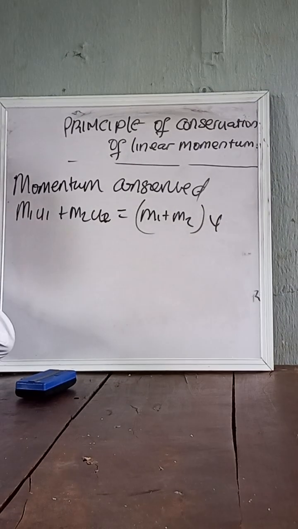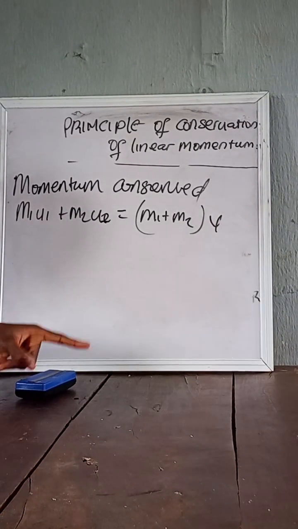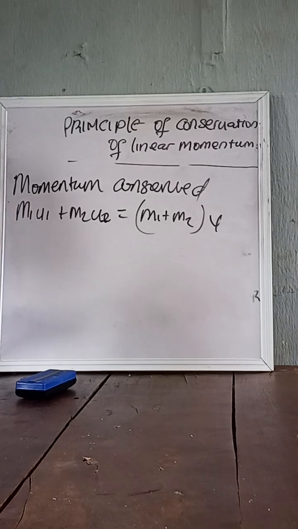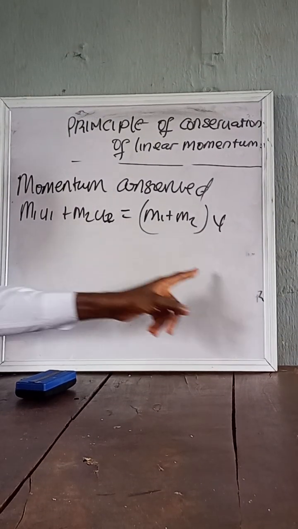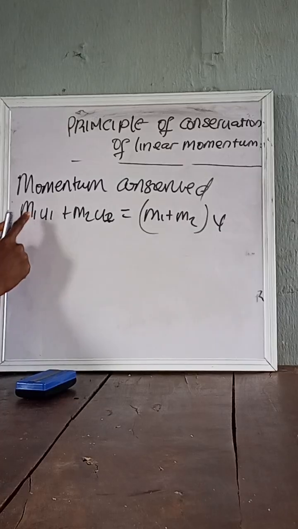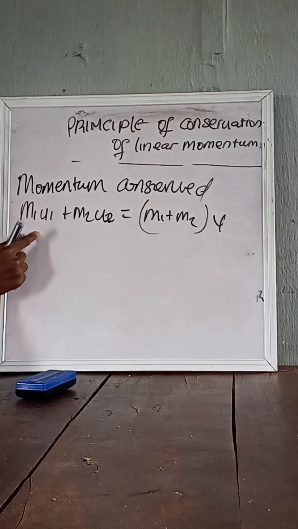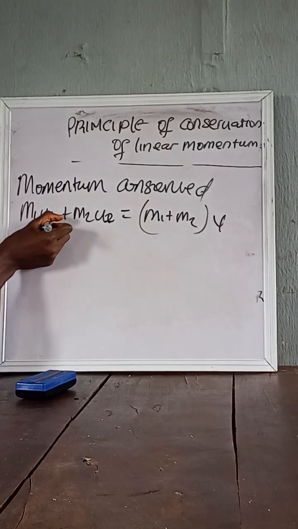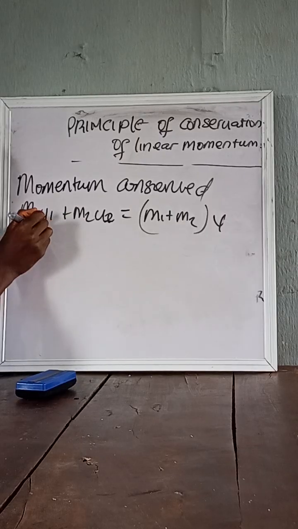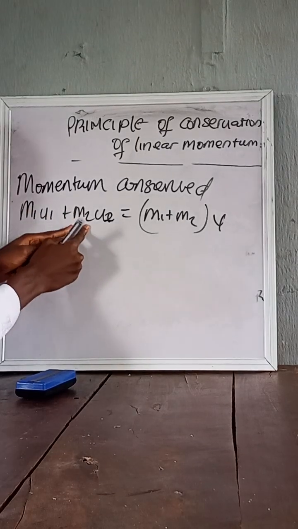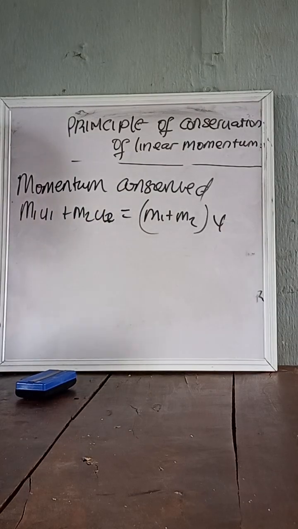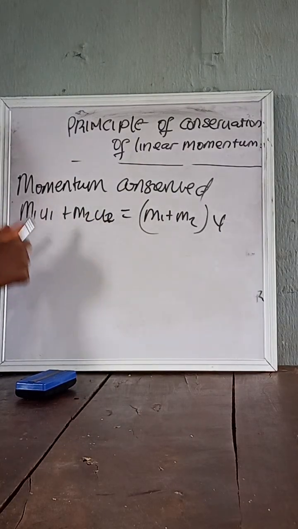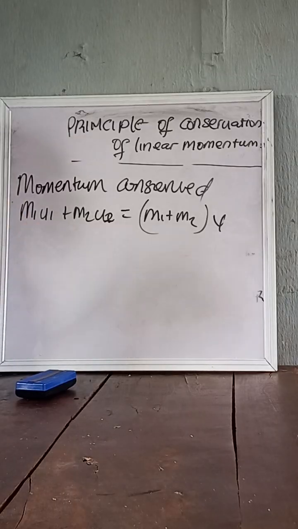It's not like the two bodies are going to have separate final velocities; they share one final velocity. This is the mass of body 1 and its initial velocity, then the mass of body 2 and its initial velocity. But in inelastic collision, kinetic energy is not conserved.